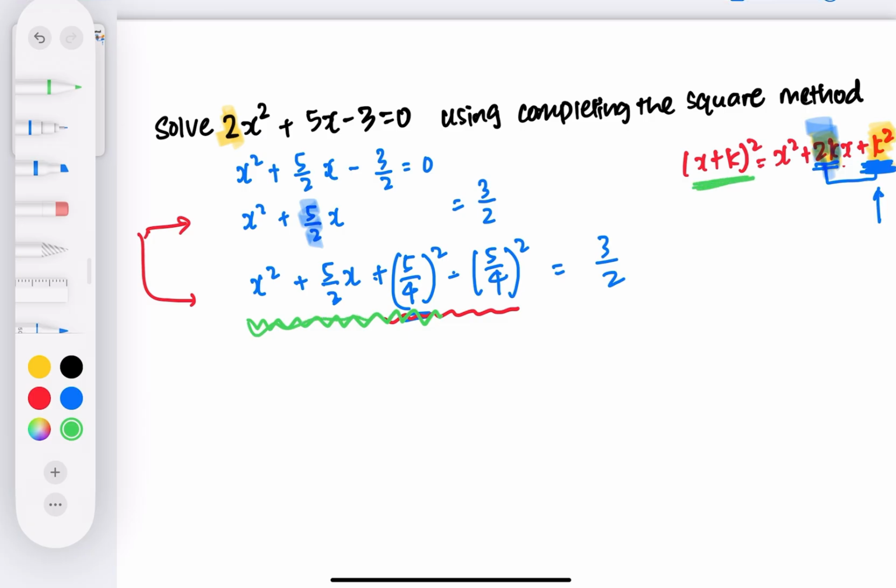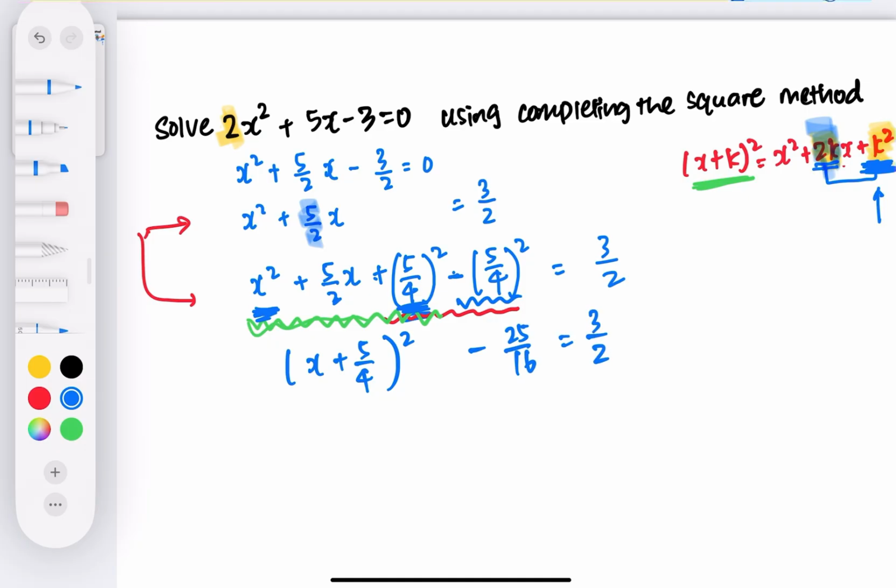So to rewrite, you will get x plus 5 over 4 all squared. That is using this term and this term. And here we still have this term, so we just evaluate and get this.